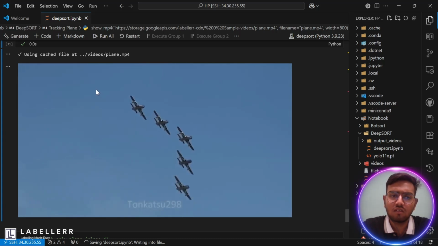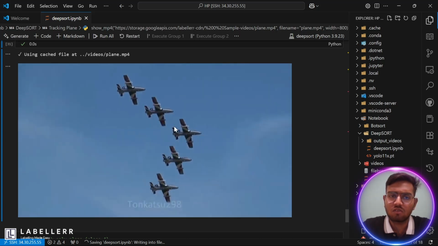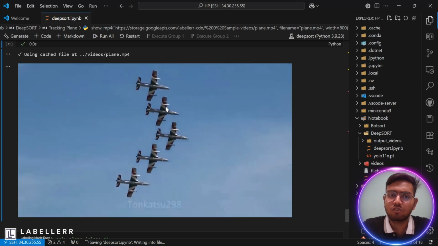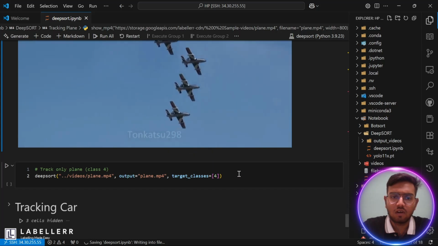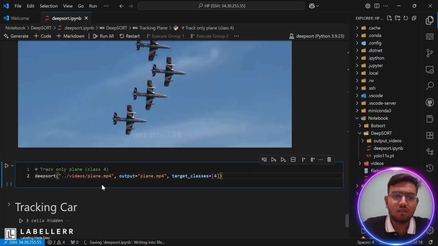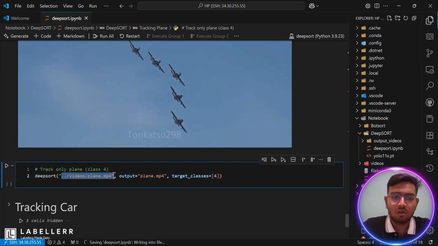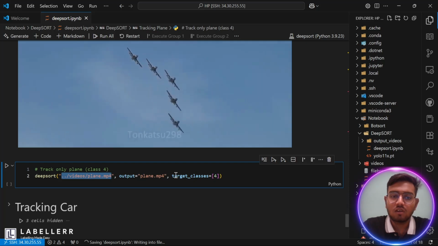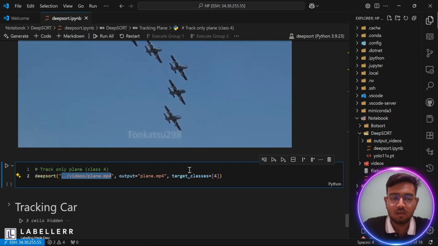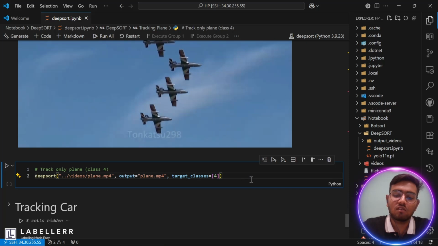As you can see, they are traveling in a curved path, which makes it harder for an object tracker to track them. Let's see the result of deep sort on it. As you can see, I'm providing the path of the video, the output name, and the target class, which is 4. 4 is the target class of plane in YOLO. Let's run this code.